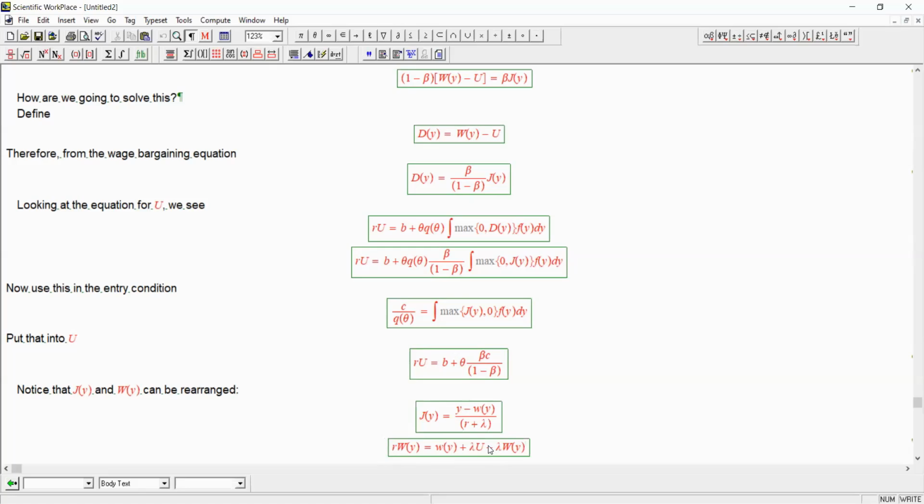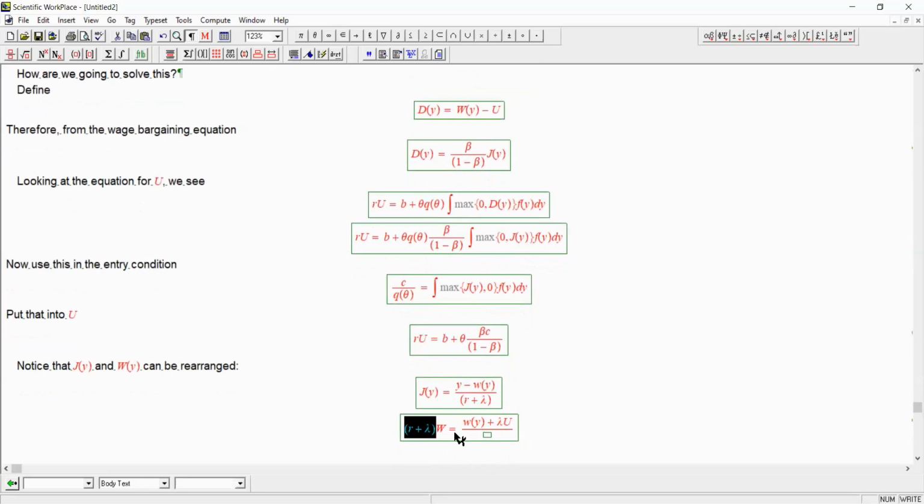We can bring this over here, factor out W of y, divide both sides by r plus lambda, and we get this expression.